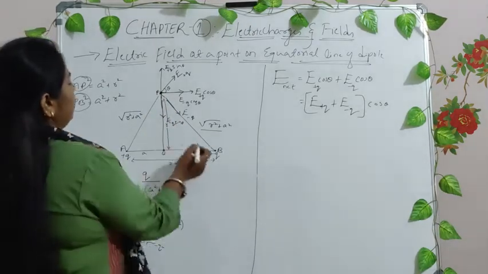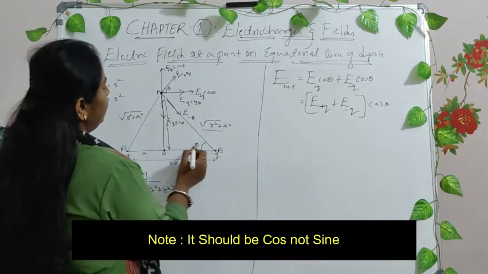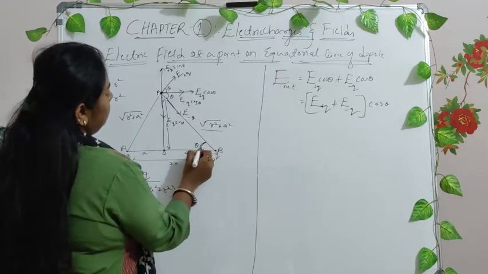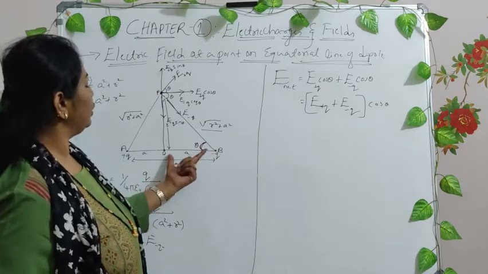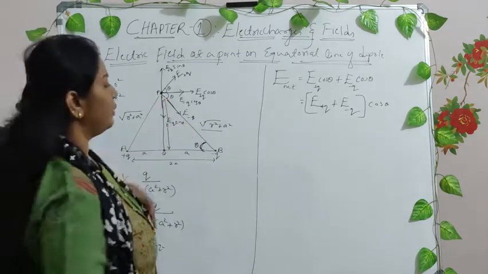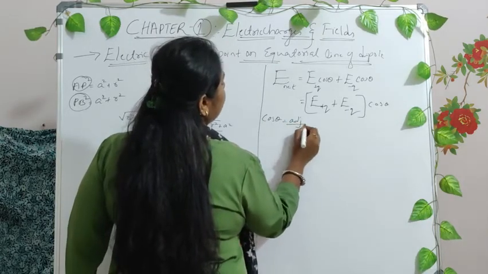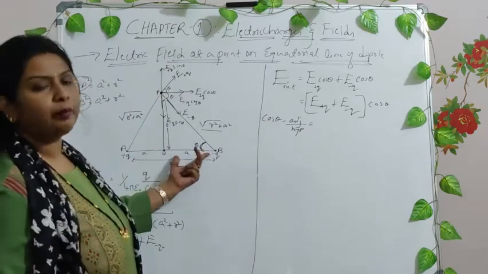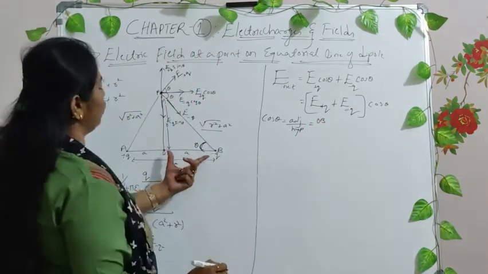Now taking this triangle POB, what is cos theta here? This is theta, so it is the adjacent angle. Cos theta is written as adjacent by hypotenuse. What is adjacent? It can be AO or OB; if we consider this triangle, it is OB.